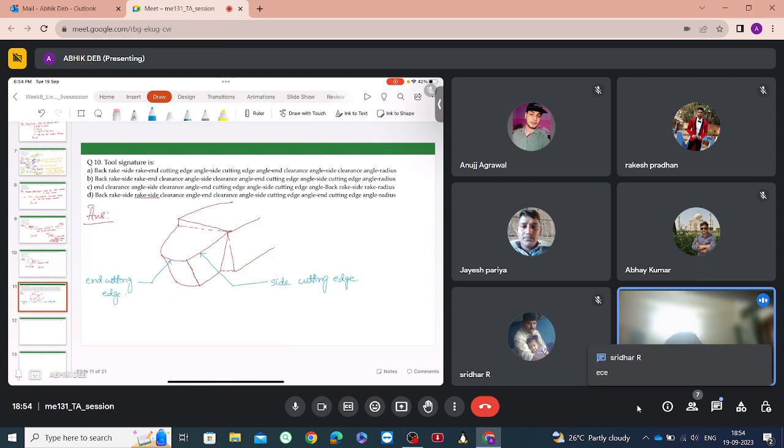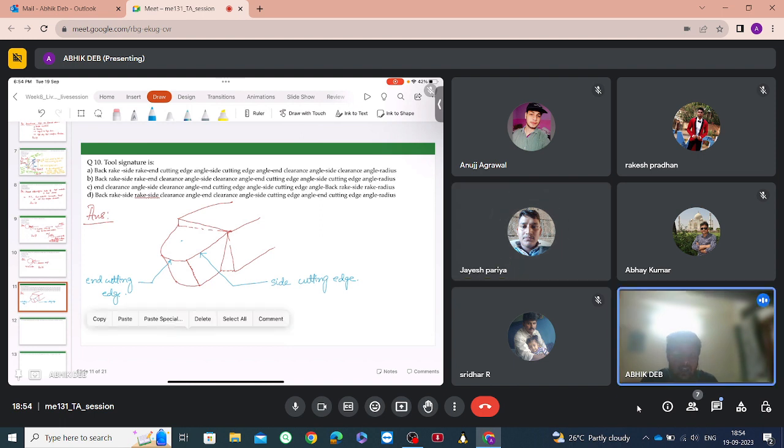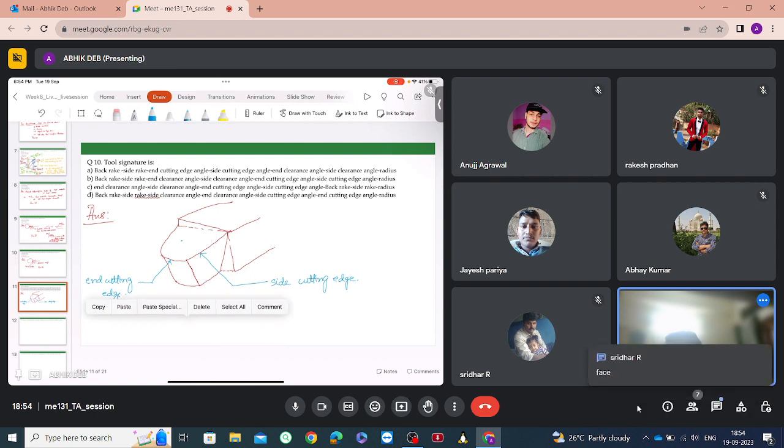What is this face called? Again, I am asking about the face, not the angle. So what face? This is the rake face, right? Okay. And what face is this one?